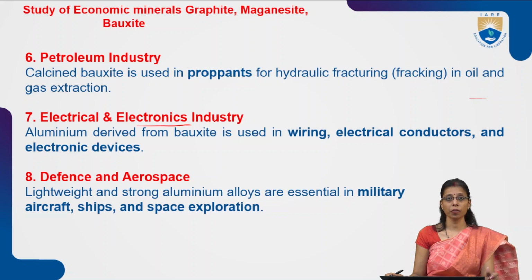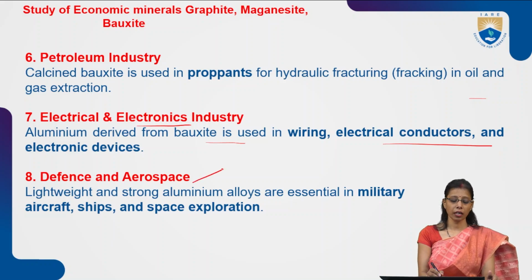Aluminium derived from bauxite is used in wiring, electrical conductors, and electronic devices. Now, in defense and aerospace, lightweight and strong aluminium alloys are essential in military, aircraft, ships, and space exploration.